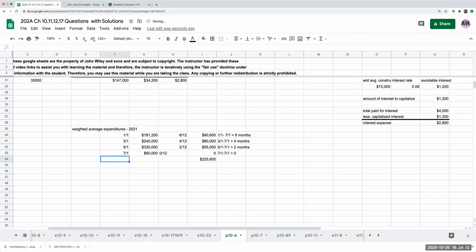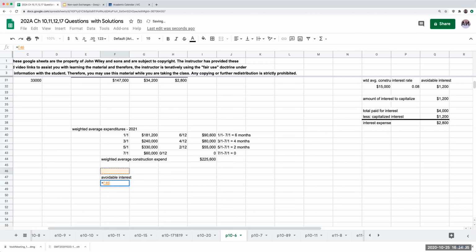So my weighted average construction expenditures is going to be 225,600.